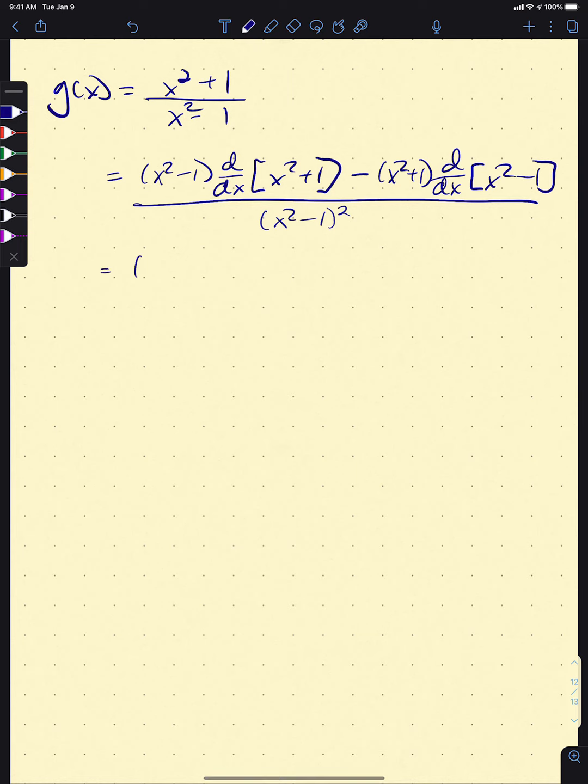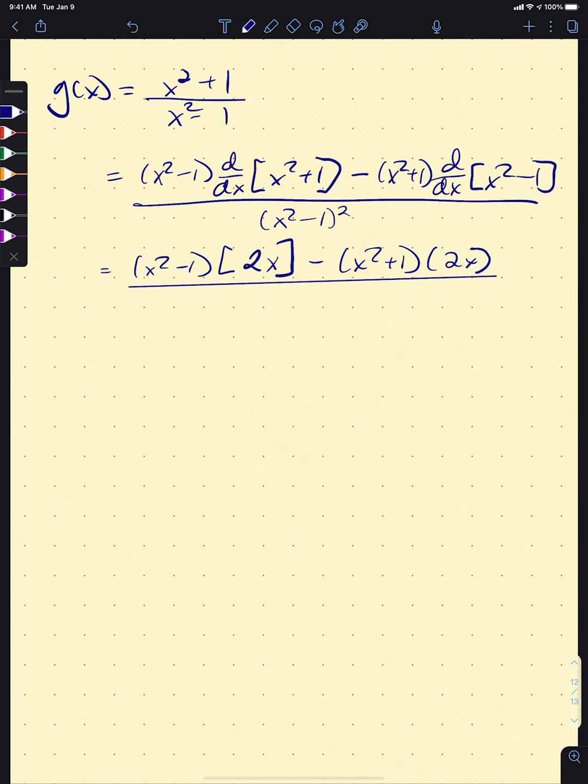Right. Well, x squared minus 1 stays the same. Our x squared plus 1, when we take the derivative, the 1 is going to drop. The x squared is going to give us a 2x, minus x squared plus 1. And actually, the same thing happens here, right? We just get a 2x, and our minus 1 drops. And then we're doing this over x squared minus 1 squared. And let's start the cleanup, right?